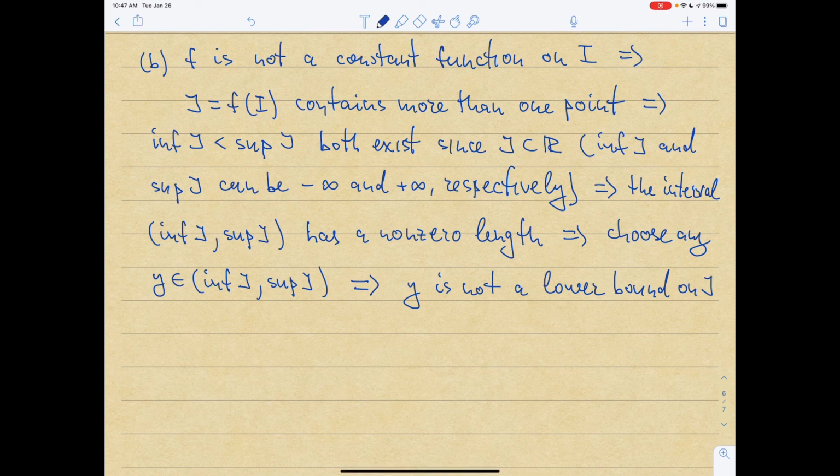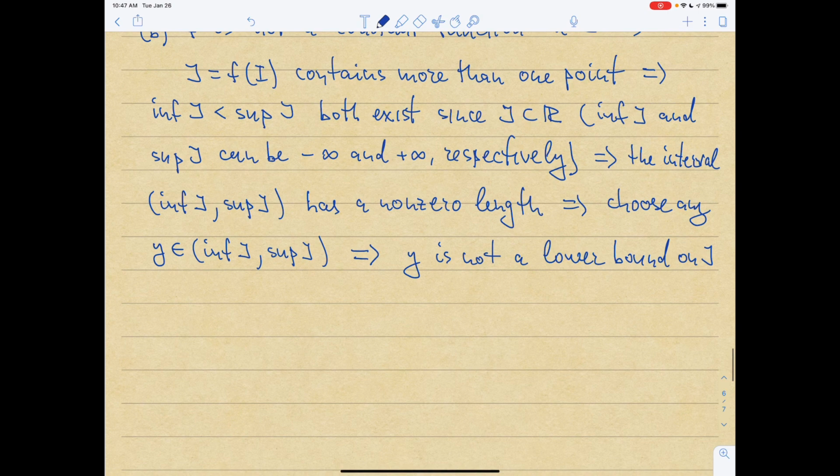If y is not a lower bound of J, and of course it's not because it's larger than the infimum of J, then it follows that there exists a y1 that belongs to J such that y1 is strictly smaller than y, right?